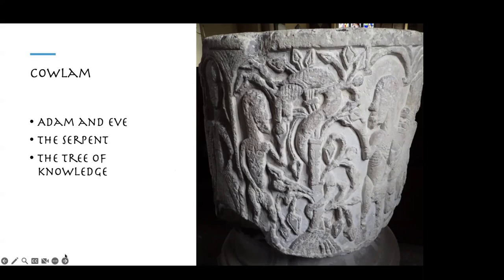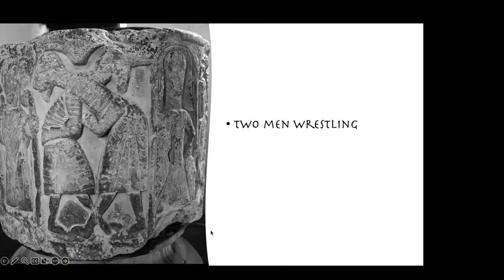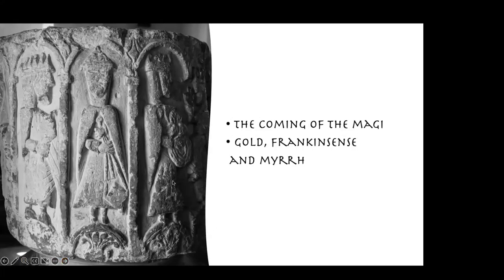Now, moving on, we have Herod, King Herod with his crown and his scepter, and his henchman with his sword. We'll just move on to the next one, because he is next to the three wise men.